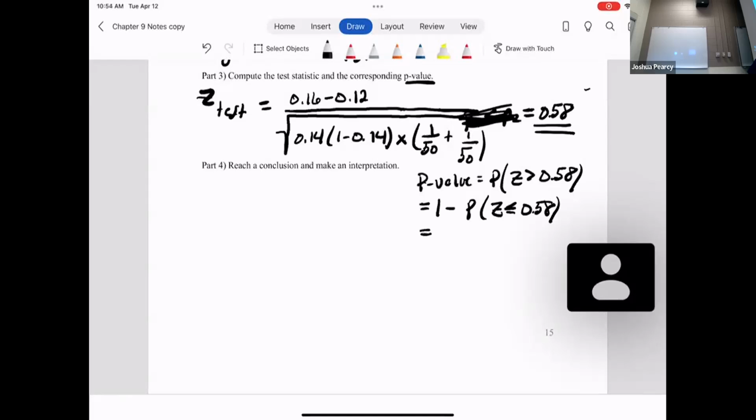Yeah, 0.7190. So you just take 1 minus that. 1 minus 0.71. Yep, 0.2810. So that's the p-value.